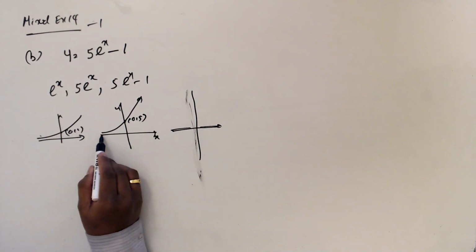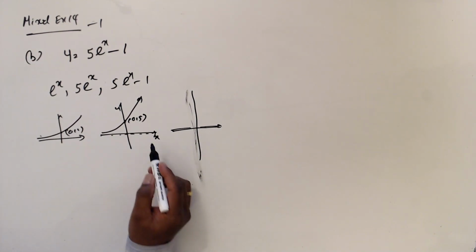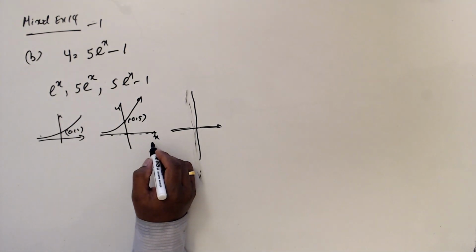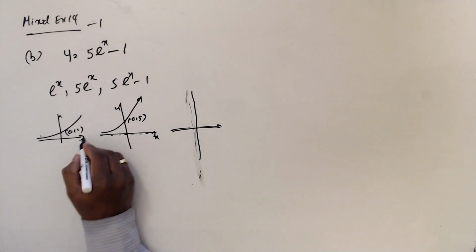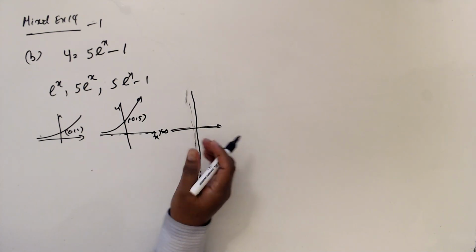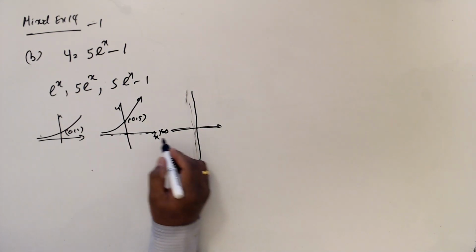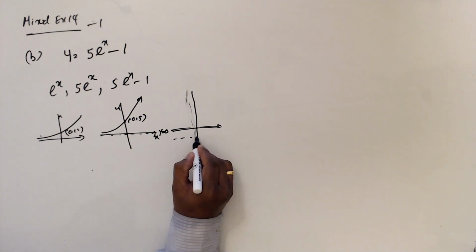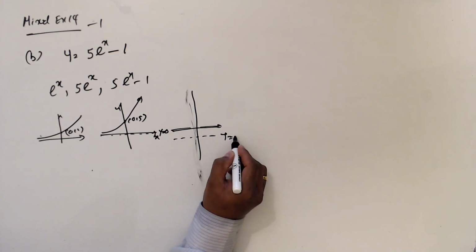Now what is the horizontal asymptote? The horizontal asymptote is y equals 0. When you pull down by 1, this y equals 0 becomes y equals minus 1.